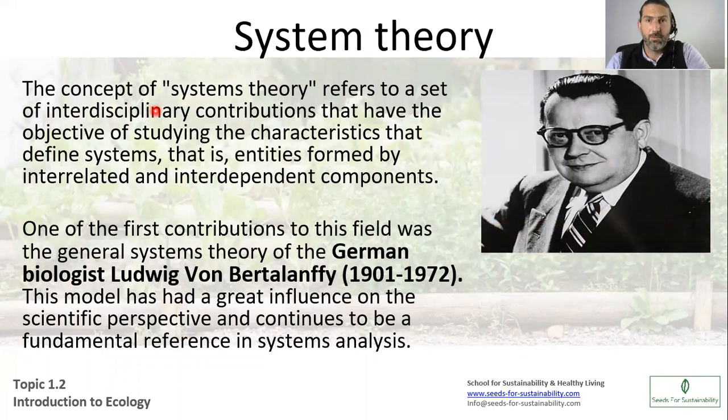That leads me to the first point on our long list for today's topics. We see the system theory, and well, we see this fellow that's not around anymore. He's called Ludwig von Bertalanffy. He's a German biologist, and he was one of the first ones to come up with a proper theory about systems.